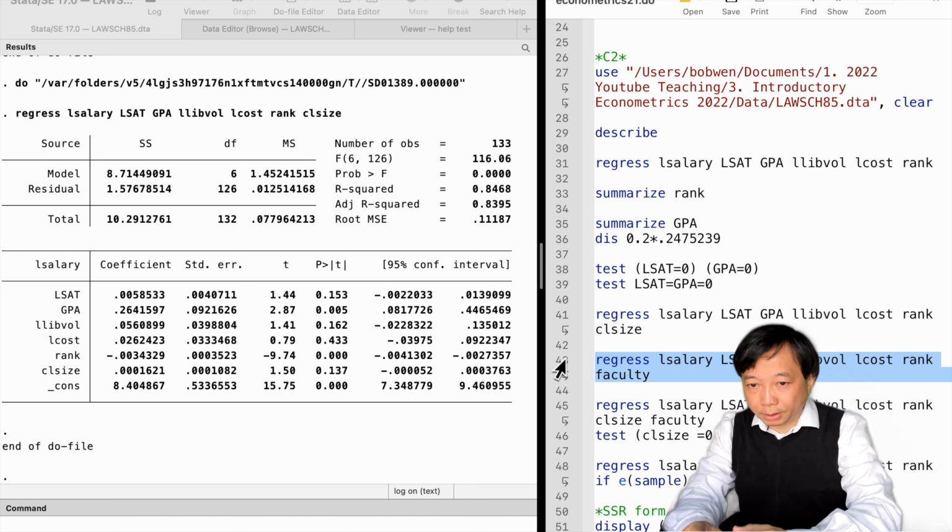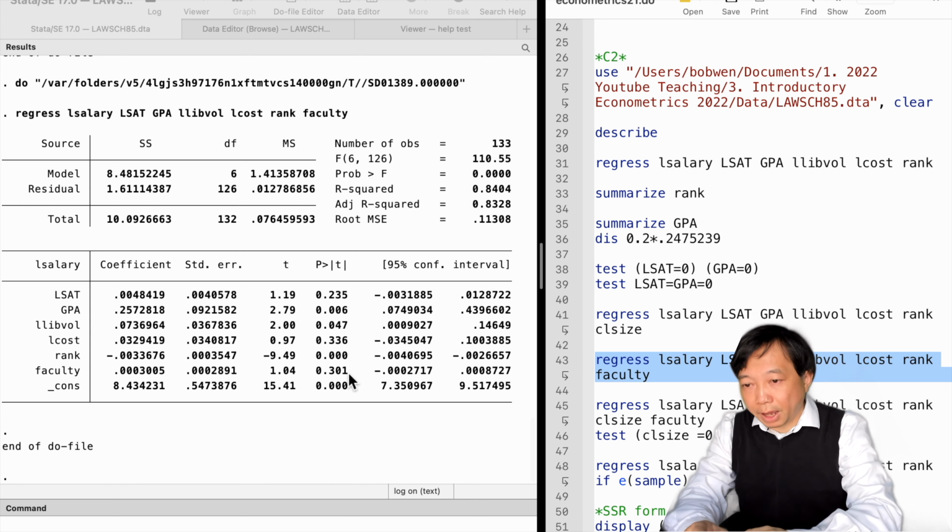Similarly, the t-test for the faculty size suggests that it does not statistically significantly affect the salary, holding the other factors fixed. They are individually statistically insignificant.